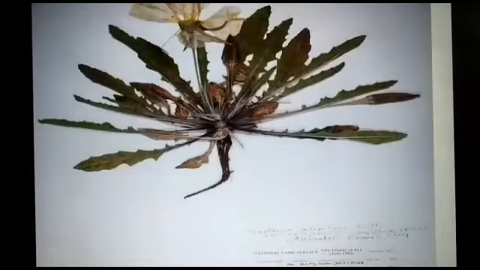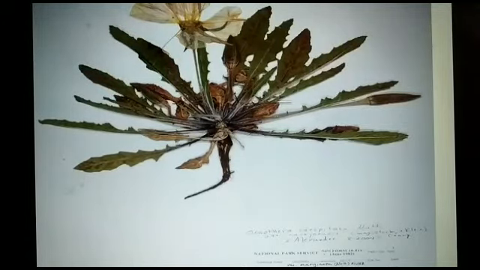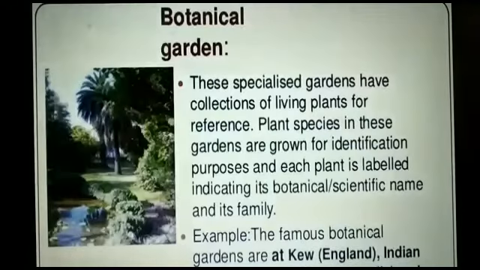Here you see in the corner all the information of this plant species is given, either local name, scientific name, and from where they got this species, all the information is given in this herbarium sheet.